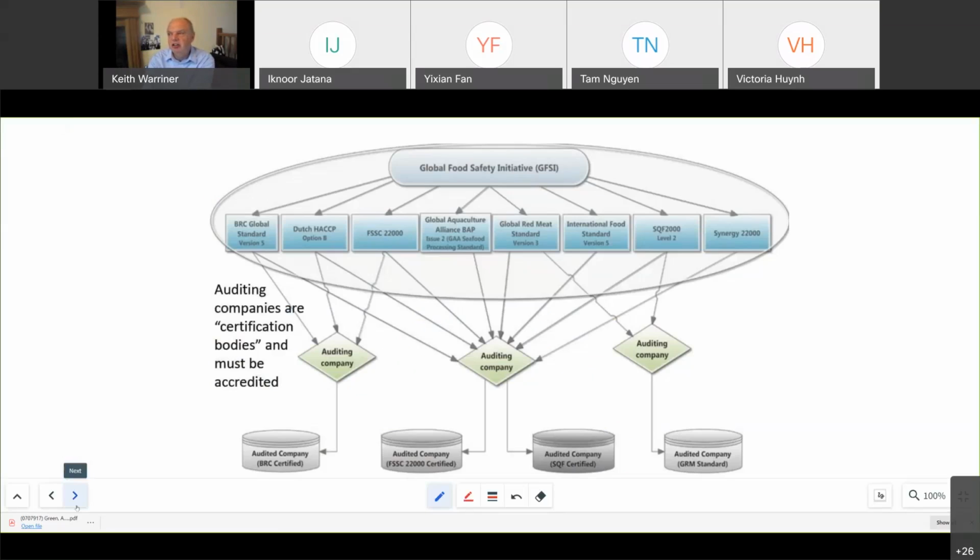Now, the kingpin of all this GFSI is the auditing. So what the auditor does, and these are certified auditors, and if you ever want a position, you don't do your bioinformatics, you don't do your CFA inspector, you can become an auditor, and these get paid a lot of money for doing very little, so it's a good job.